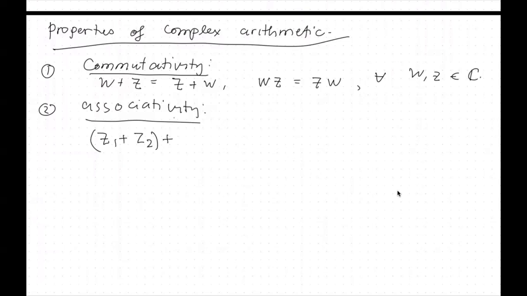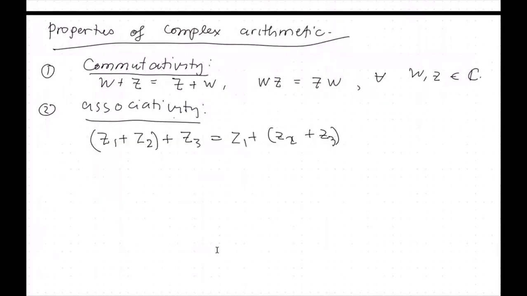If we have this order, this is also the same if we group z1, z2 here, and then z3. And then, of course, this is associativity with respect to addition.